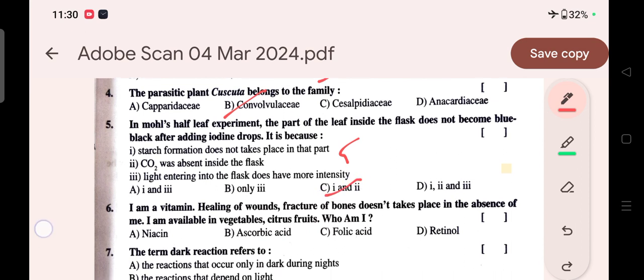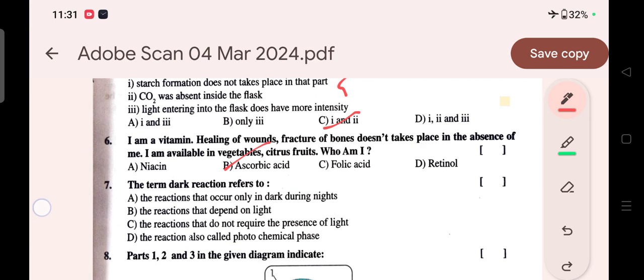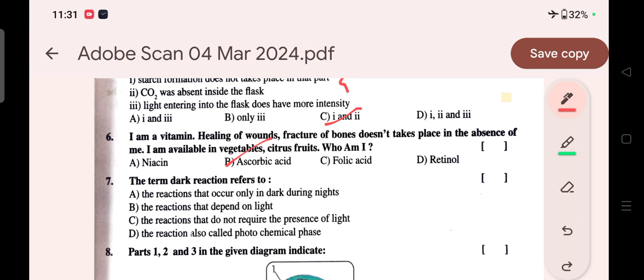I am a vitamin. Healing of the wounds and fractures of the bones does not take place in the absence of me. I am available in the vegetables, citrus foods. Healing of the wounds, so option B, ascorbic acid, Vitamin C. The term dark reaction refers to option C is the correct.